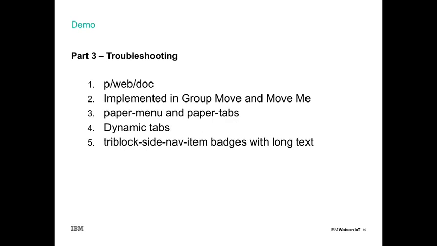The last part is troubleshooting. I've included tips on how to debug, some helpful documentation you can go through, and some common configuration issues with these new components. So let's get started with our demo.